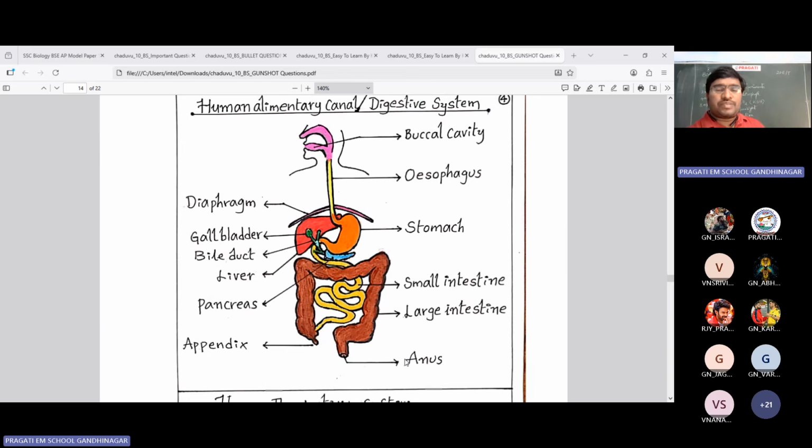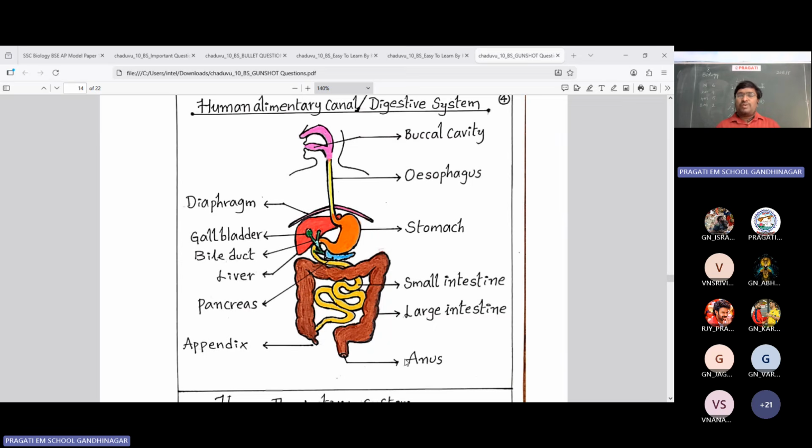Then human digestive system. If it is a difficult paper or an average paper, sometimes they ask this type of question also, children. They give a diagram and ask 4 questions.